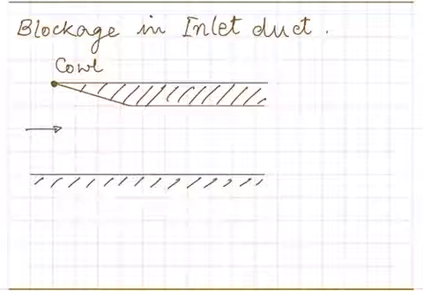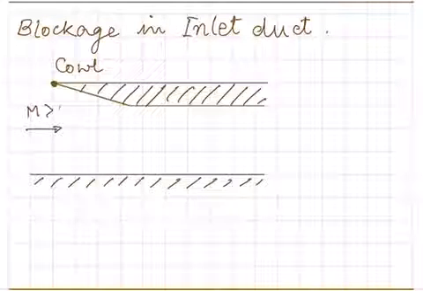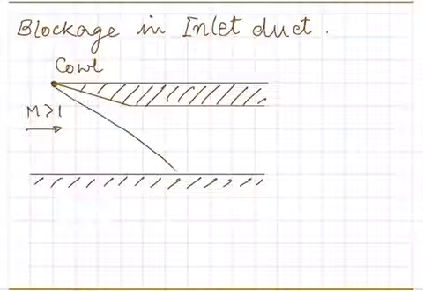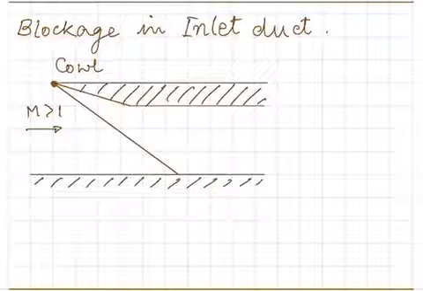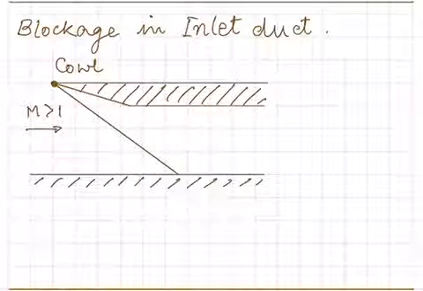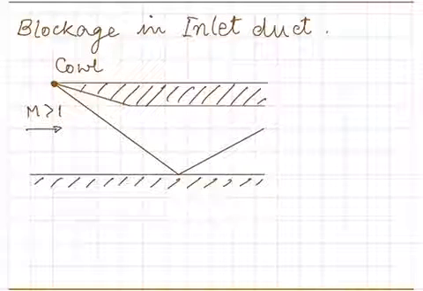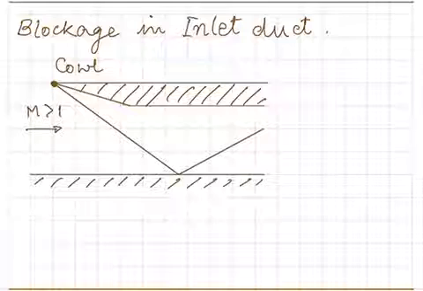Supersonic flow, it can be hypersonic flow, comes in and generates a shock wave from the cowl tip. It impinges on the other side of the engine duct and reflects back.